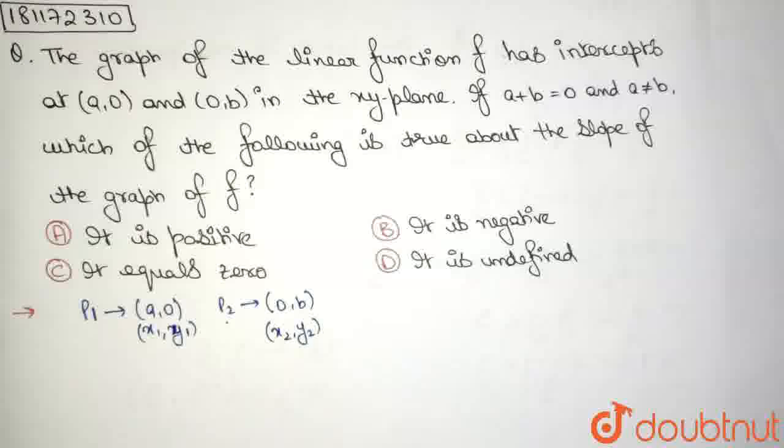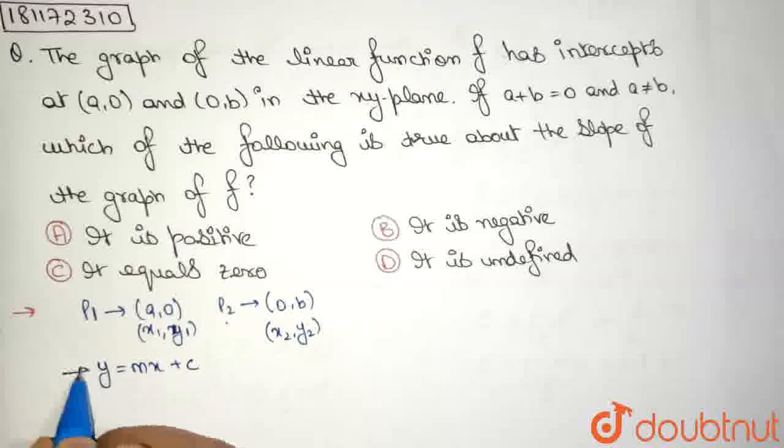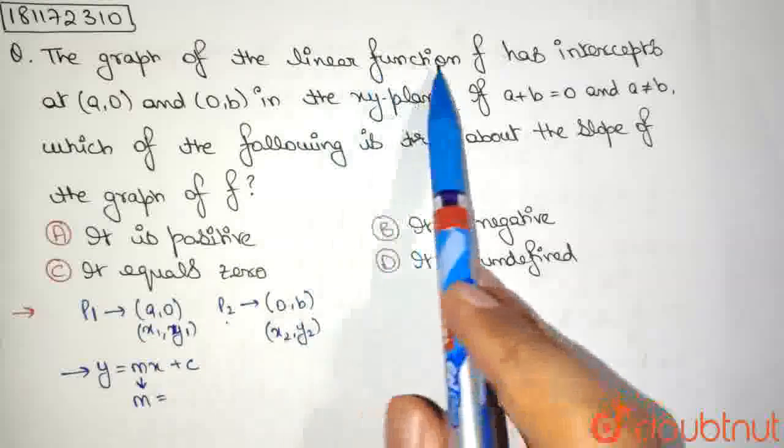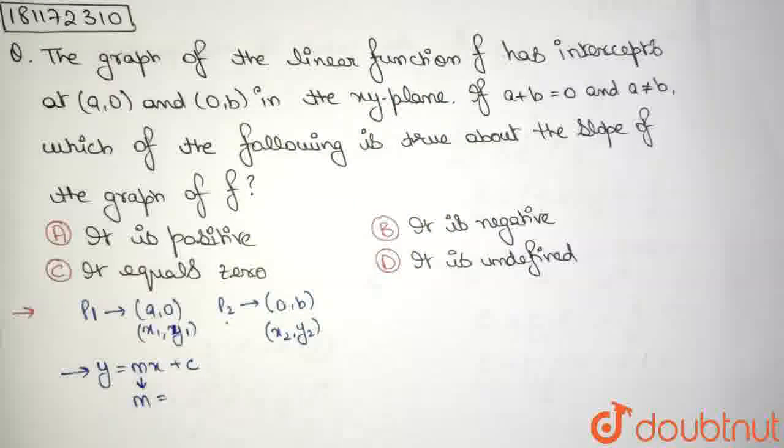Now we know by formula that whenever we have a line which can be represented as y is equal to mx plus c, this is the formula of a line, and here this slope m is equal to, see, whenever we have 2 points which are lying on a particular line, or here a linear function, they are a part of a linear function.